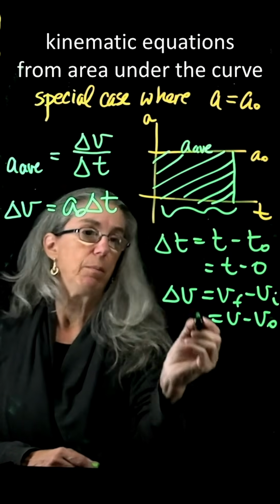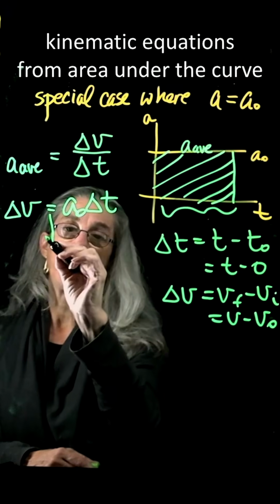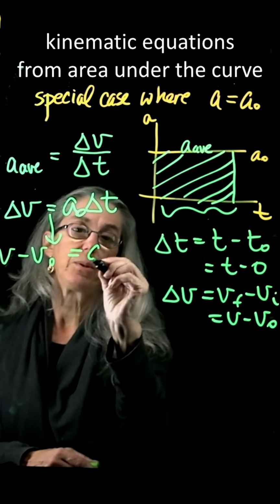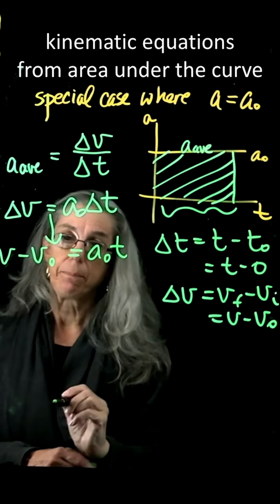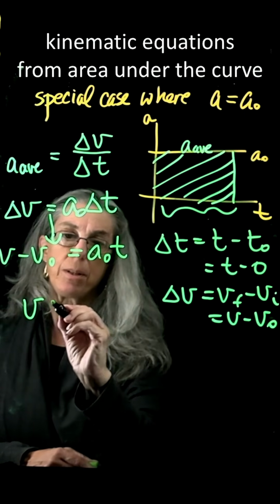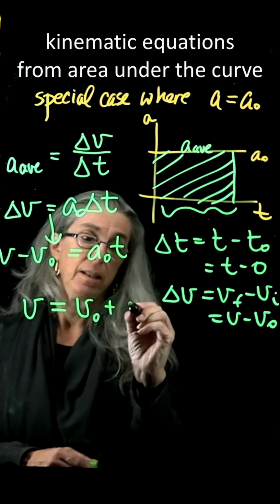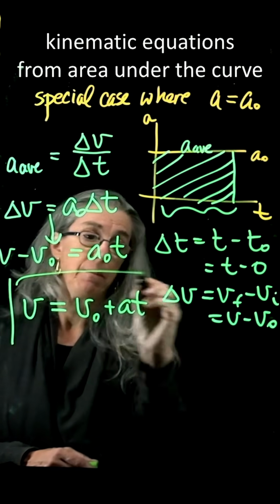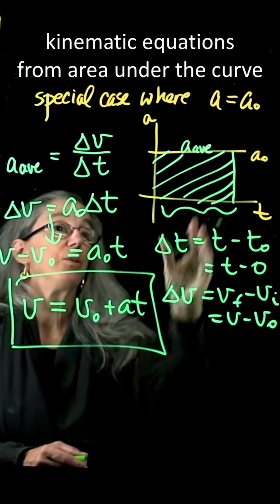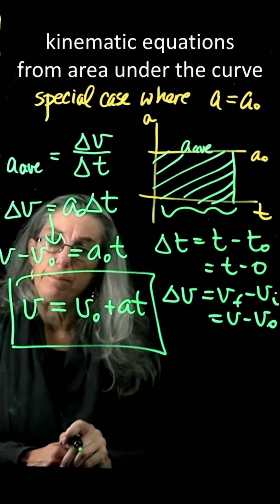So I'll plug both of those things into here, and this becomes v minus v0 equals a0 times t. One more step of algebra, and that's how we usually write it. I just add that v0 onto the other side, v equals v0 plus a0 t. This is the first kinematic equation, and I derived it using the area under the curve.